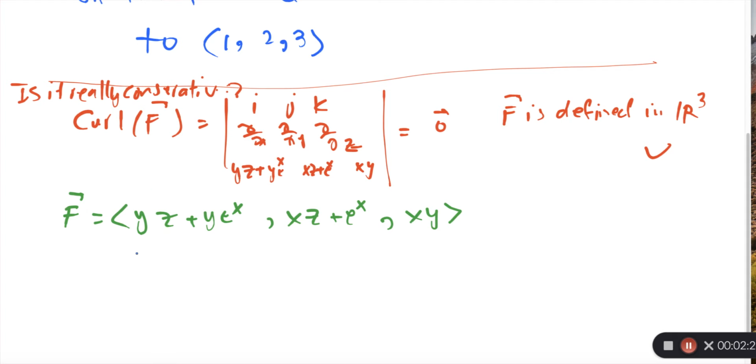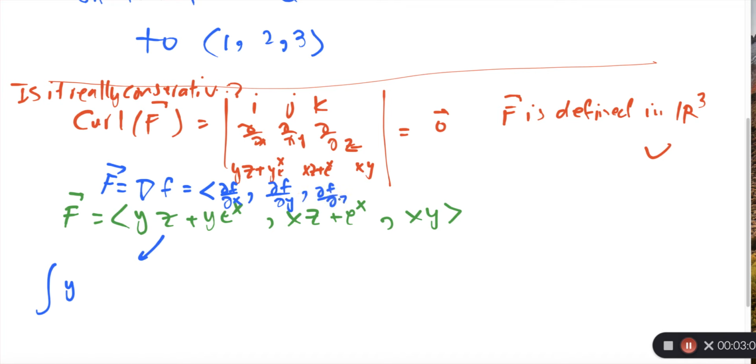Take the antiderivative of the first one with respect to x, because what I'm trying to do is to find a potential function f such that the gradient of f is equal to the vector field F. So the little f and the vector field F. When you take the gradient, the first component of F should be the partial of the little f with respect to x, then the second component should be partial with respect to y of f, and then partial with respect to z of f.